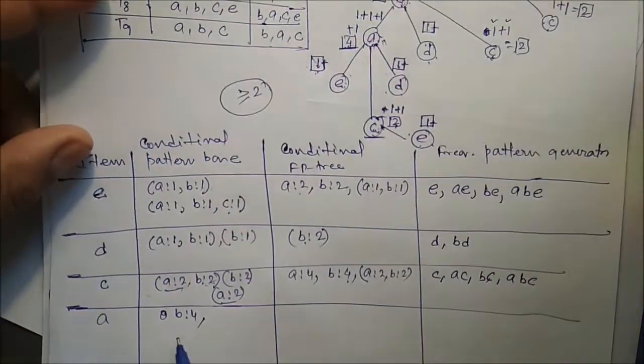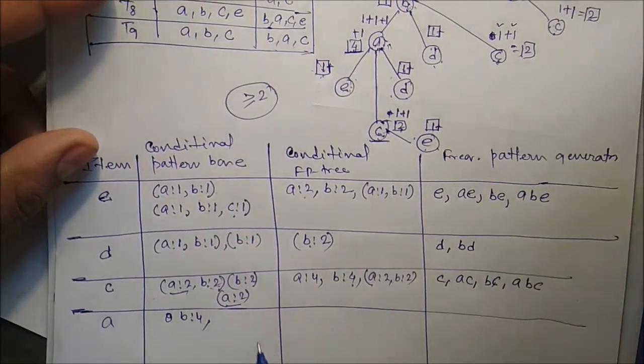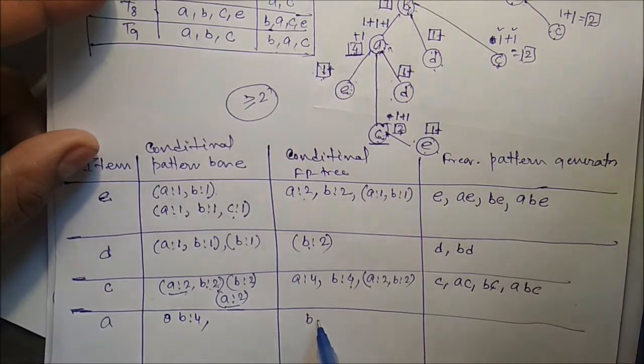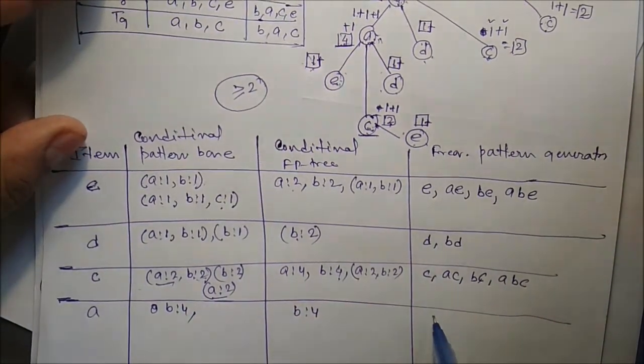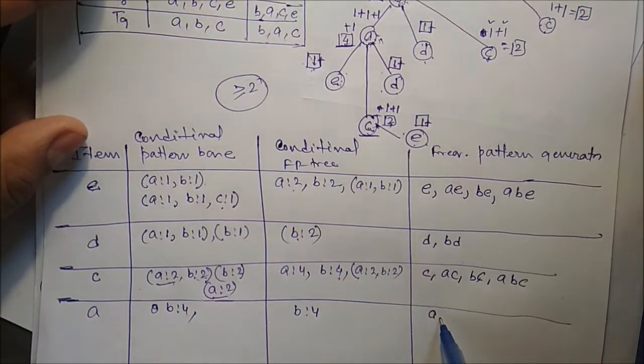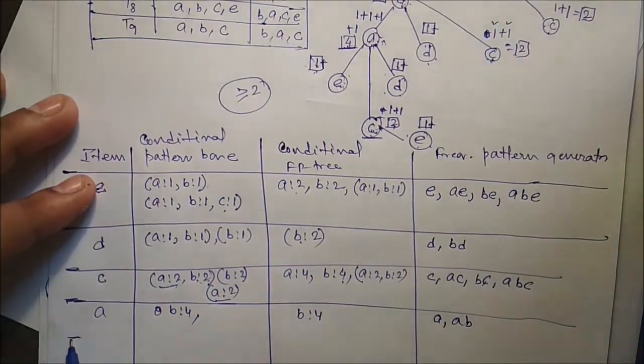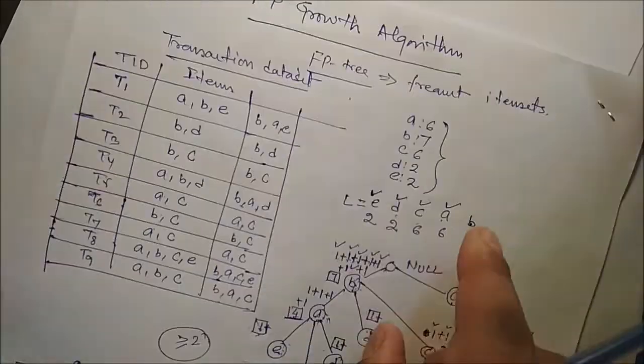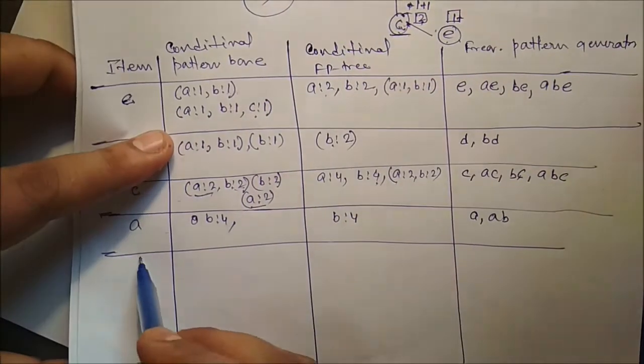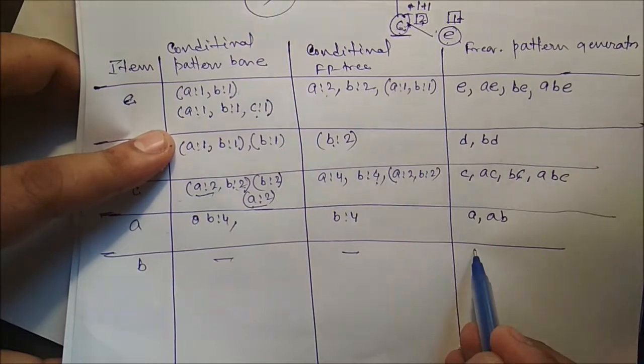How many times is B there? 4 times, so we have to retain this one. The frequent pattern set will be A definitely, and A with B. And finally the last one is B, so we can write B. So these are the frequent pattern sets.